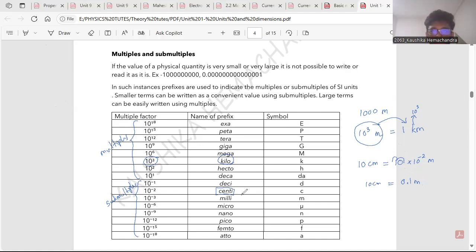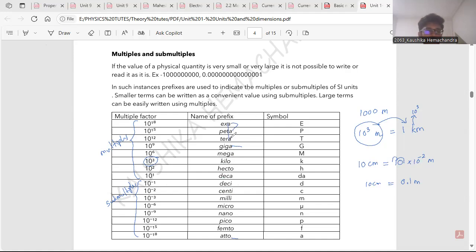So you have to know these prefixes, and they can say micrometer. Then you have to know what is the 10 to the power for micrometer, right? So exa, peta are not really relevant. Mostly they give from giga to atto. But better to know these values as well.